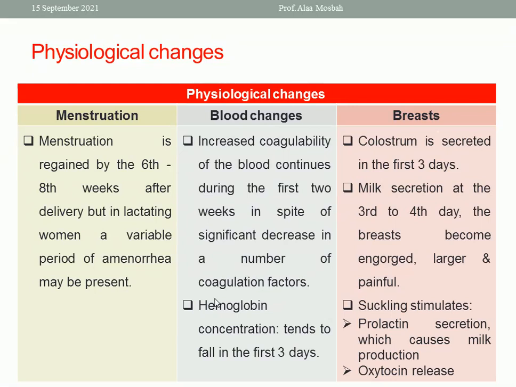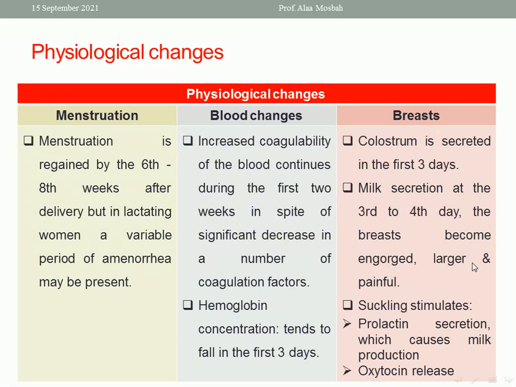Blood changes: there is increased coagulability of the blood as during pregnancy, and it continues for the first 2 weeks. What about hemoglobin? Hemoglobin concentration tends to fall in the first 3 days. So there is drop in hemoglobin and hematocrit in the first 3 days.